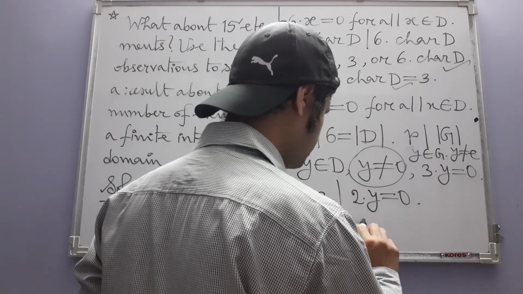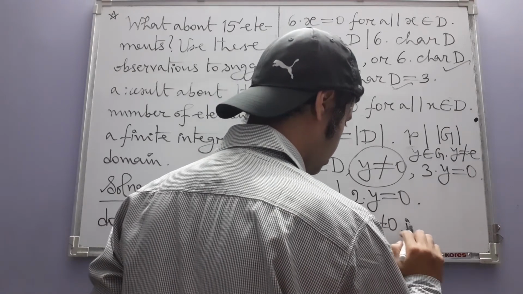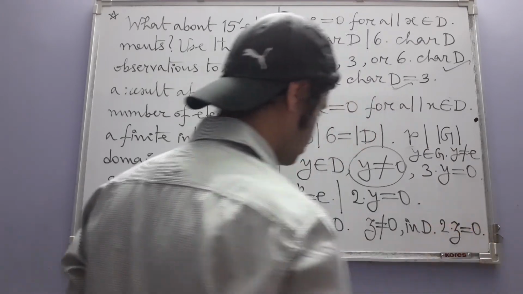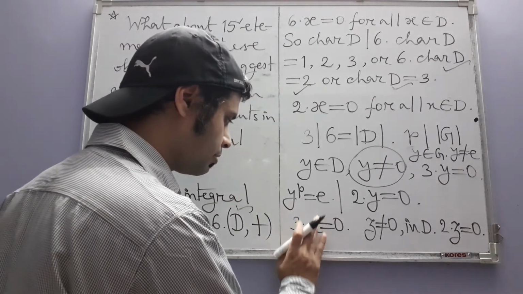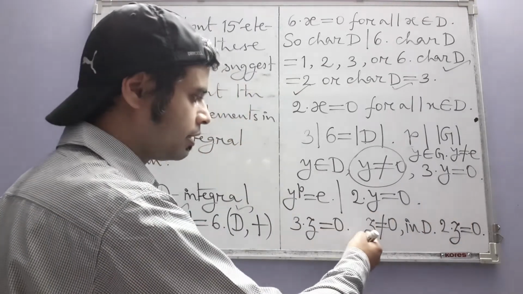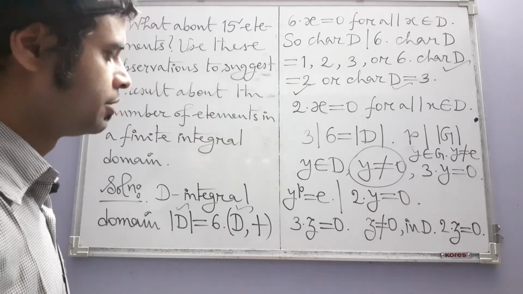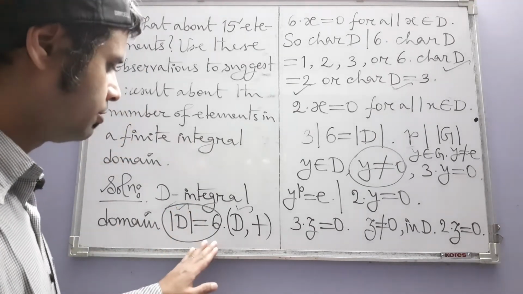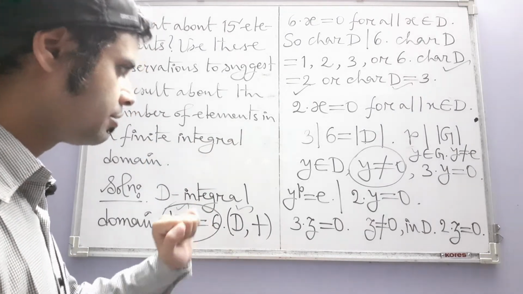That is, you would get some z not equal to 0 in D such that 2 dot z is equal to 0. But because this equation is true for every element x in D, it's in particular true for z also. From there similarly you will be able to show that z is 0 and simultaneously non-zero, a contradiction. So that is why this initial supposition itself is not true. So there can never be a finite integral domain with exactly 6 elements.